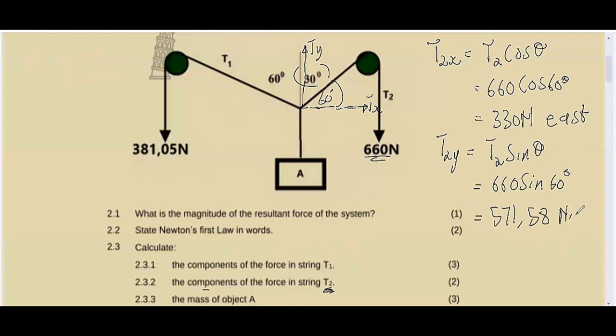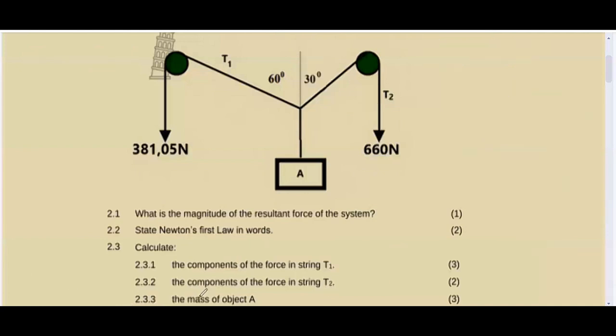The direction is north, or you can say it's going up, right? Then just like that, you have calculated the components of the force both in T1 and T2, right? So nice. Now let's go to 2.3.3. It says the mass of object A. So now we are to calculate the mass of object A.